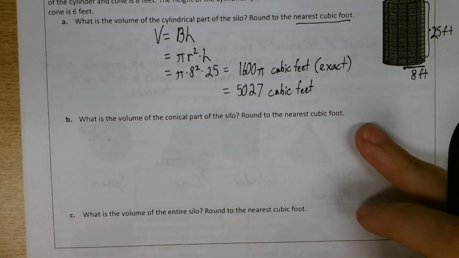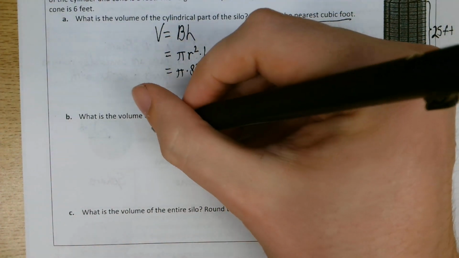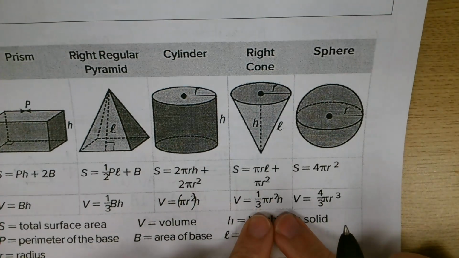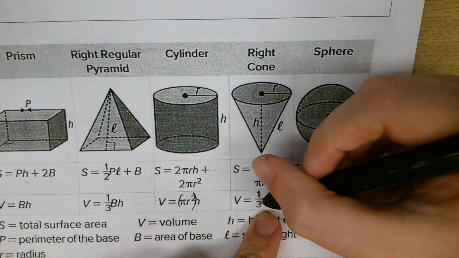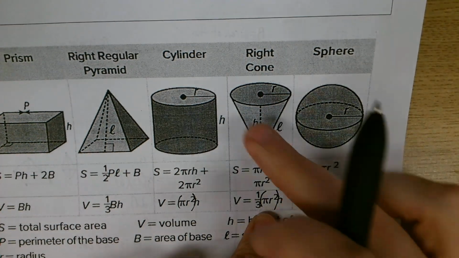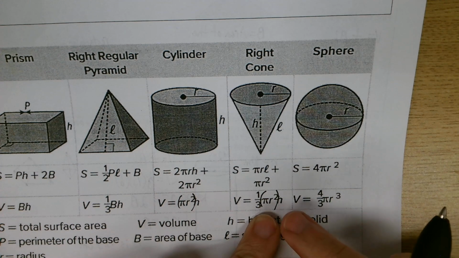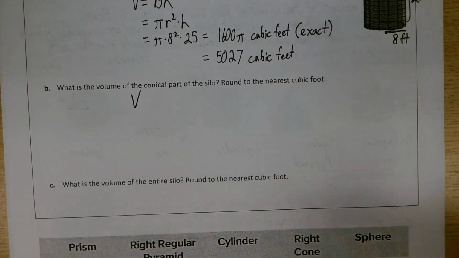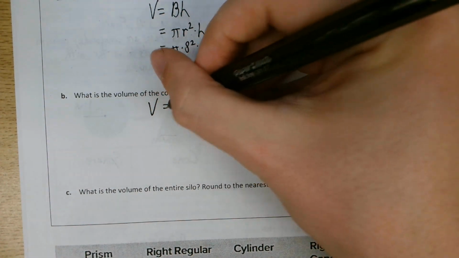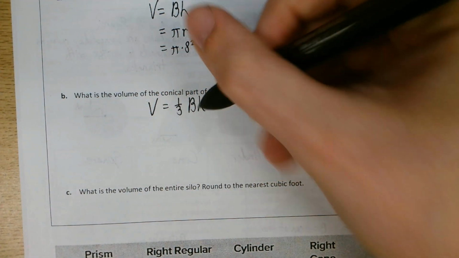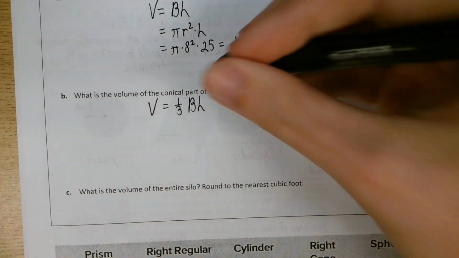Similar thing for the cone. We look at the volume for a cone. The cone is 1/3. It's just the base. The base is a circle, the area of the base, times the height. It's the same as your pyramid. Volume is 1/3 base area, area of the base times the height.